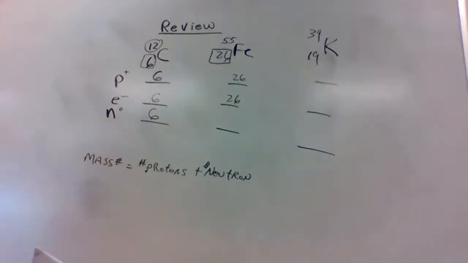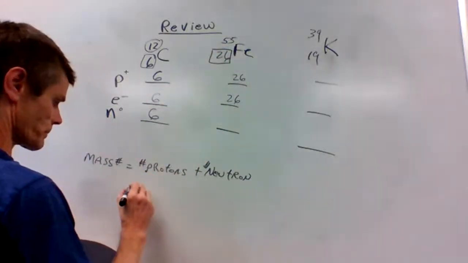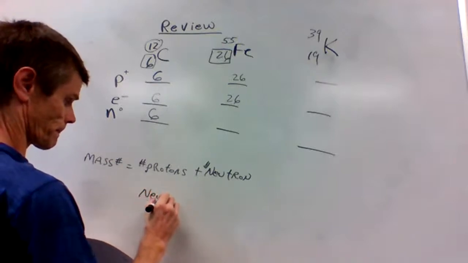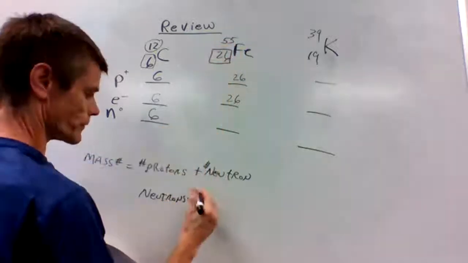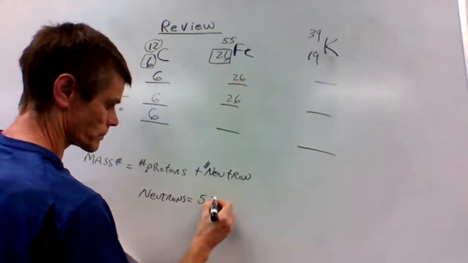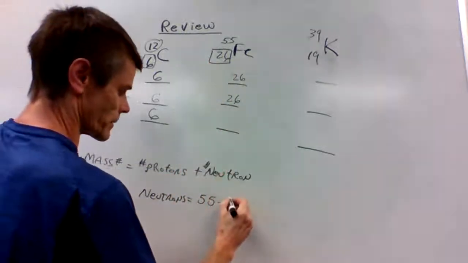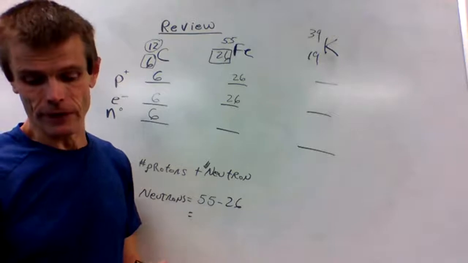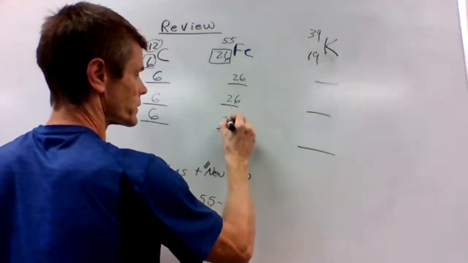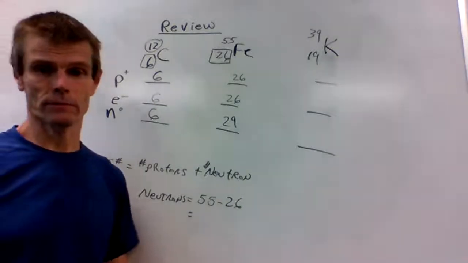The number of neutrons, that's going to be equal to the mass number, the mass number is 55, minus the atomic number, 26. And that tells us that this particular isotope has 29 neutrons.